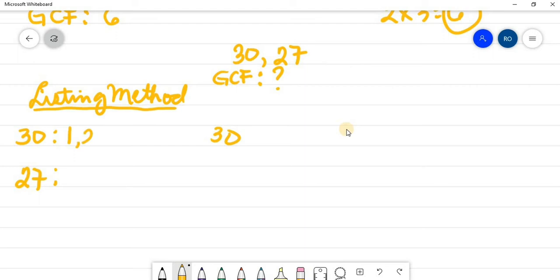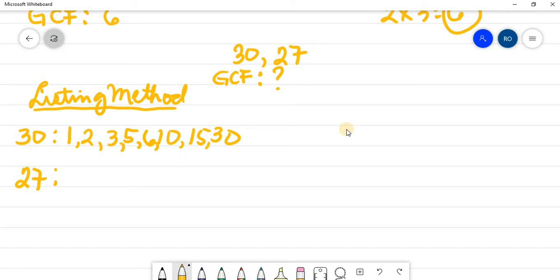We have also 2 times 15, 3 times 10. Is there other factors? Yes, we have 5 and 6. So the factors of 30 are 1, 2, 3, 5, 6, 10, 15, and 30.